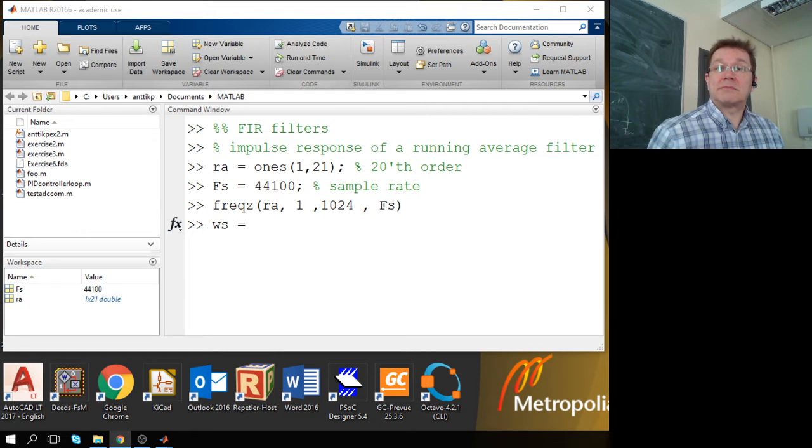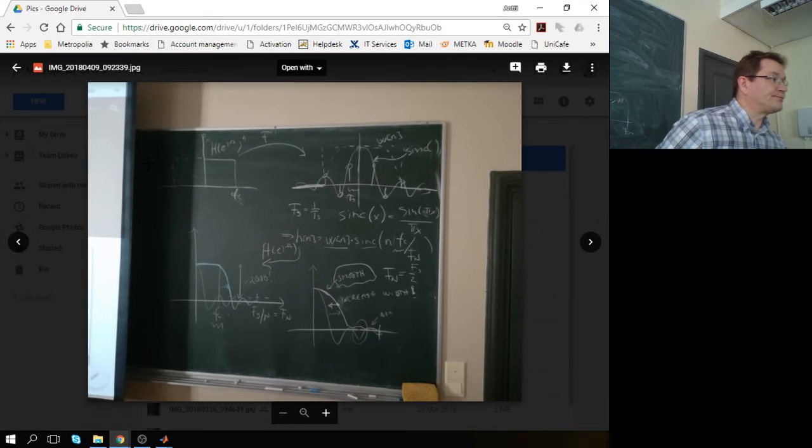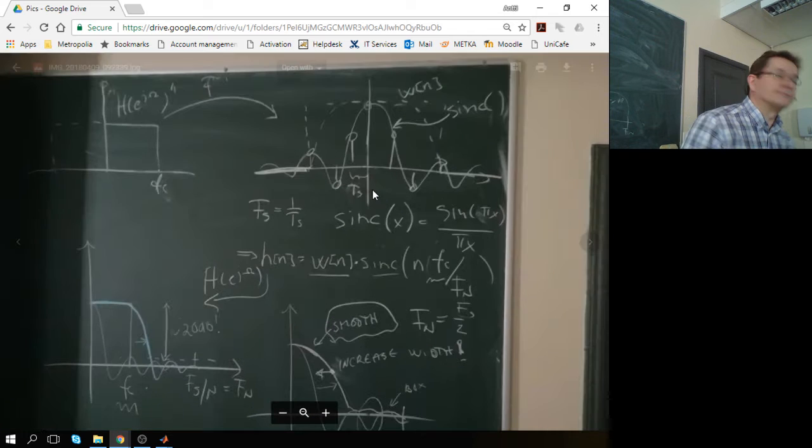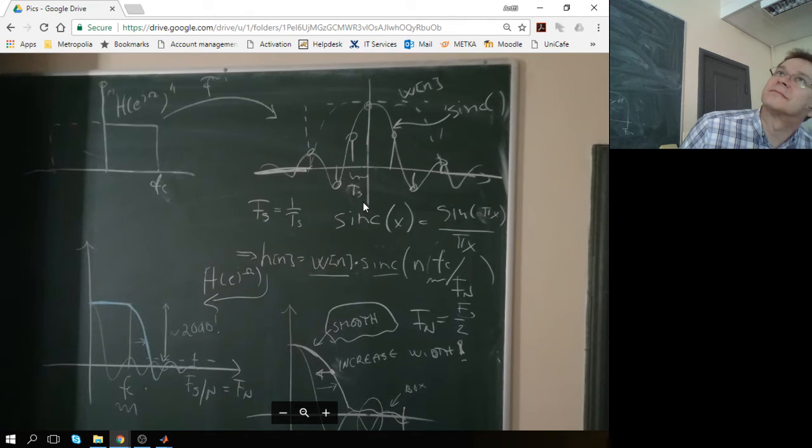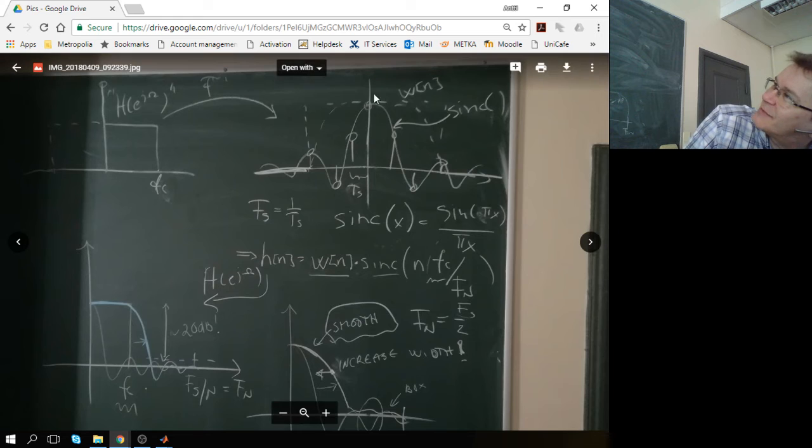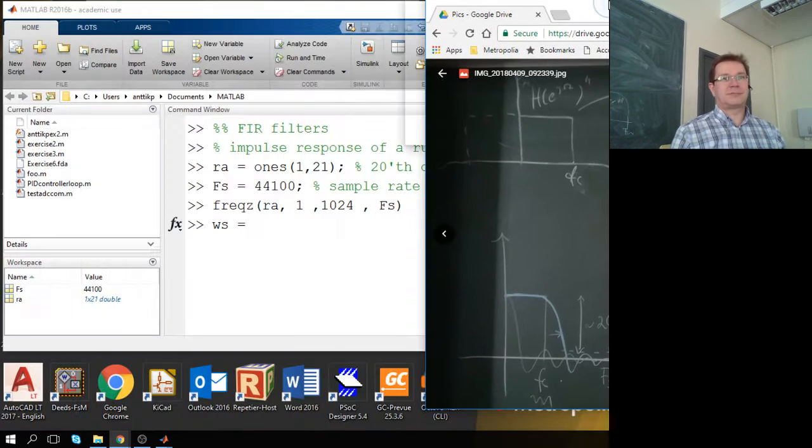All right, so I'm talking about this picture here. Too much light. Sorry about that. But anyways, we have sampled sinc, which is multiplied by a box. Nothing but the box.